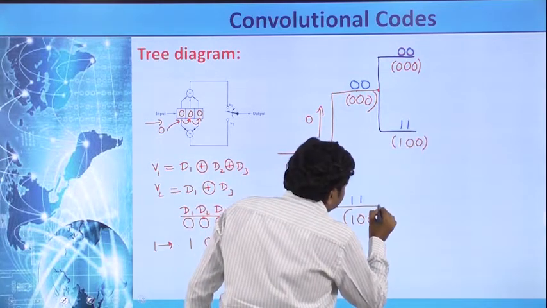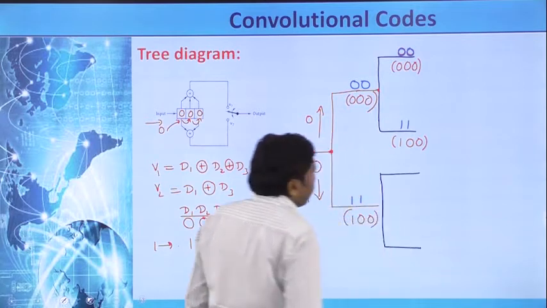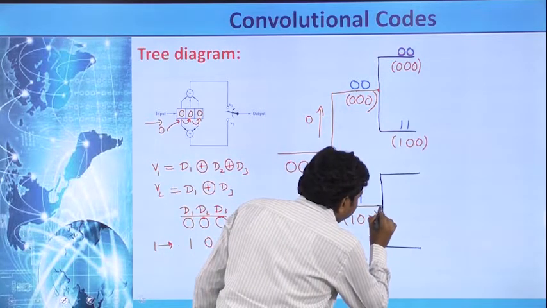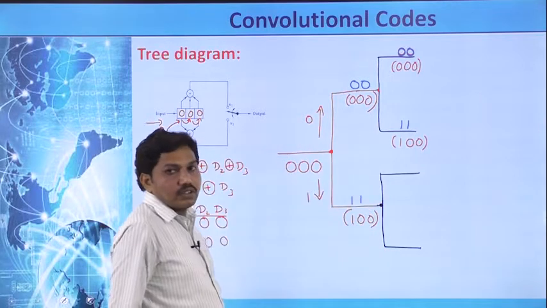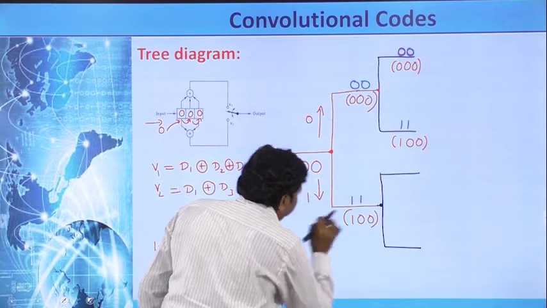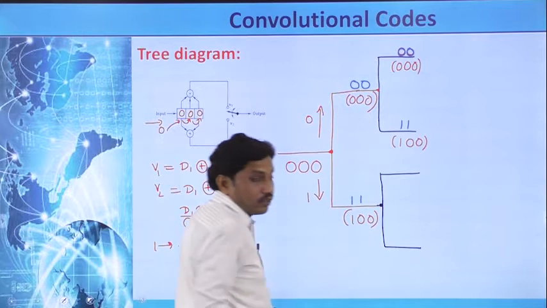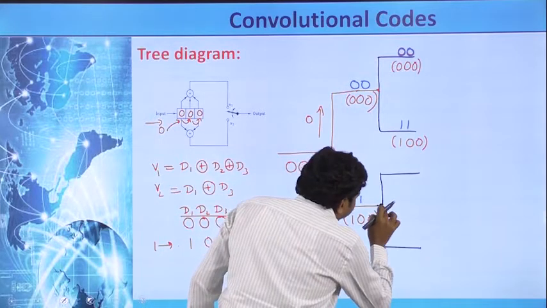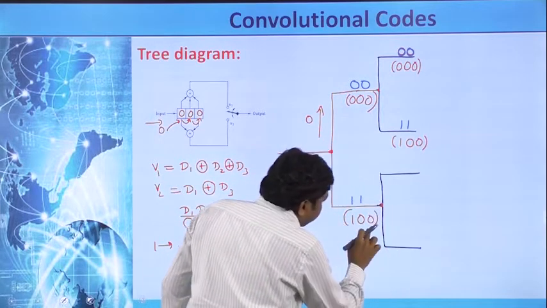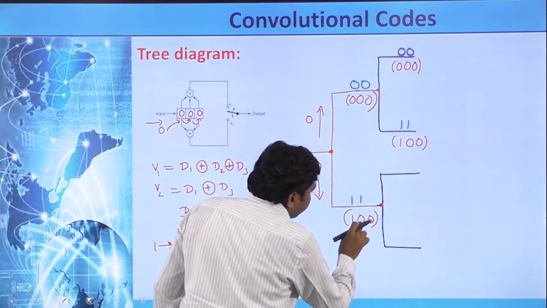Now come to this node. Here also there are 2 paths, 2 branches from this node. Now the bits in the shift register are 1 0 0. So when you are moving upward from this node, that indicates 0 is the input.